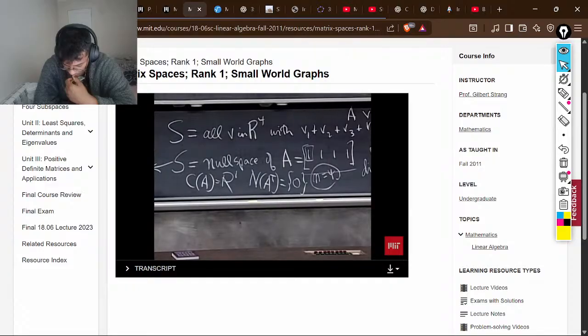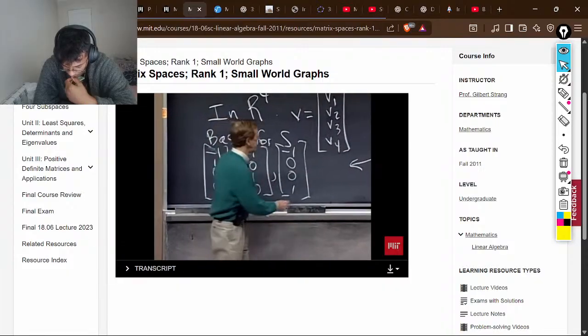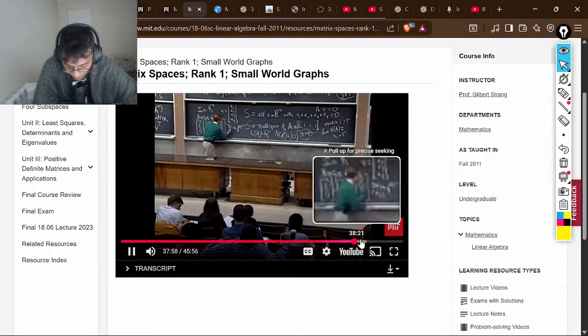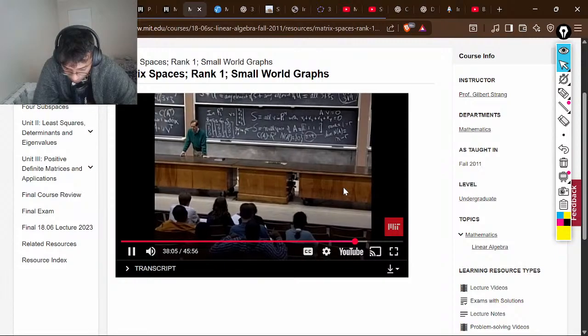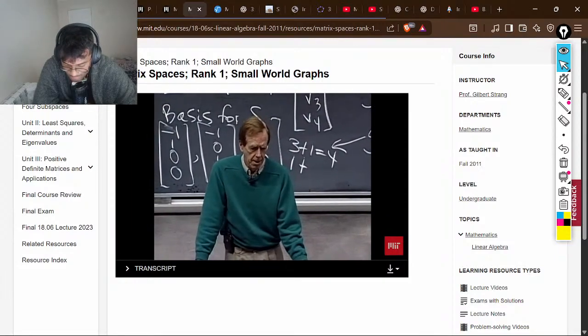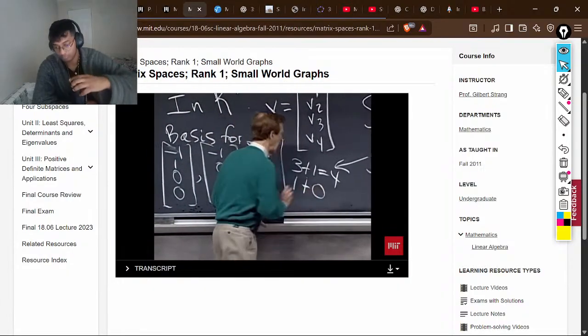Okay, so let's just check dimensions. The null space has dimension 3. The row space has dimension what? 3 plus 1 is 4. The column space has dimension 1. What's the dimension of the smallest possible space, the 0 space? It's a subspace. We have to take a reasonable answer, and the only reasonable answer is 0.